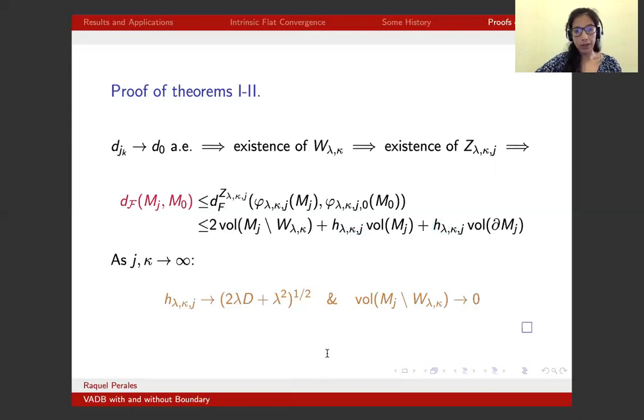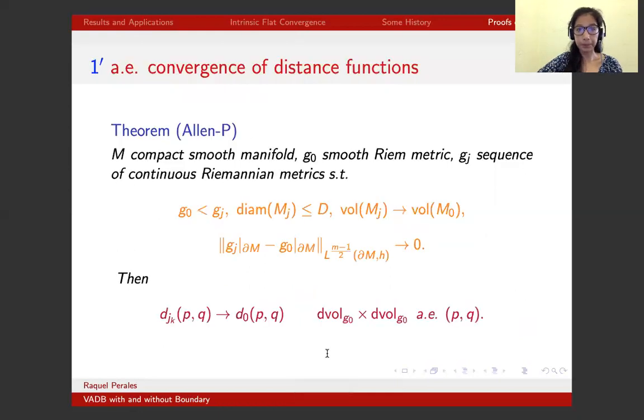Now, in the last part, I want to explain how to prove almost everywhere convergence of the distance functions when we do have boundary, because this was not proven by Allen and Sormani. Allen and myself proved the following theorem. Here we have the strict inequality of the Riemannian tensors.